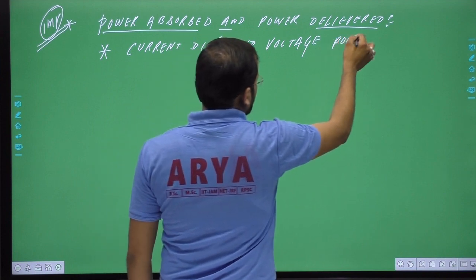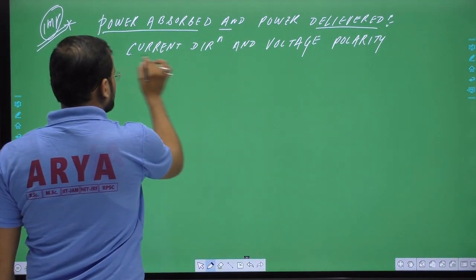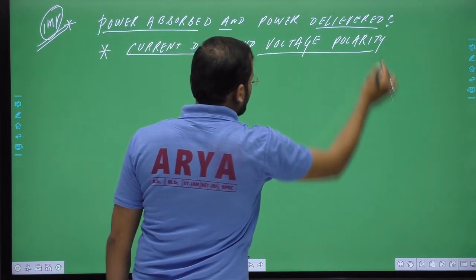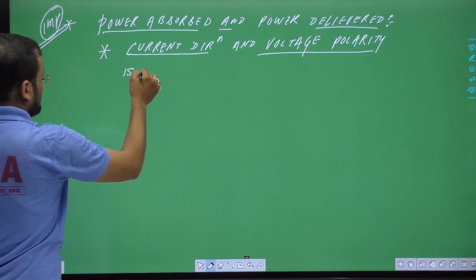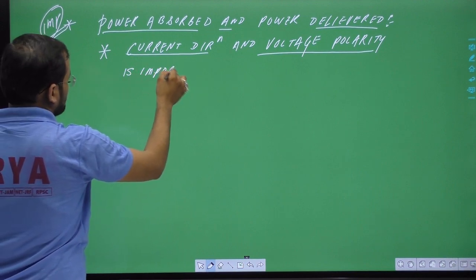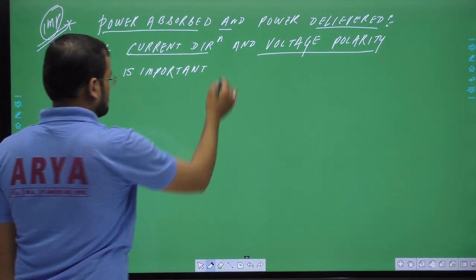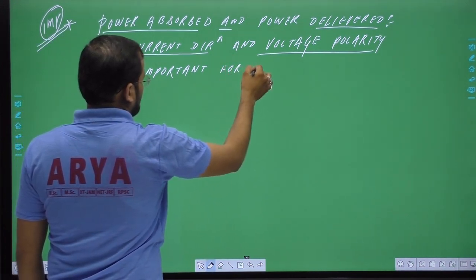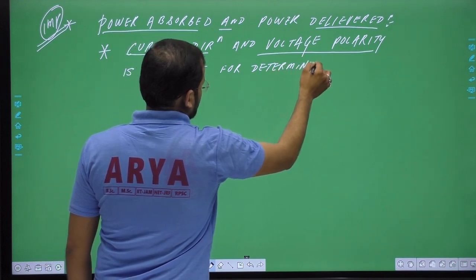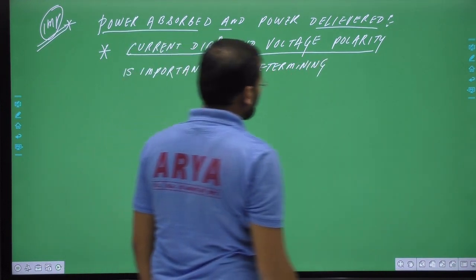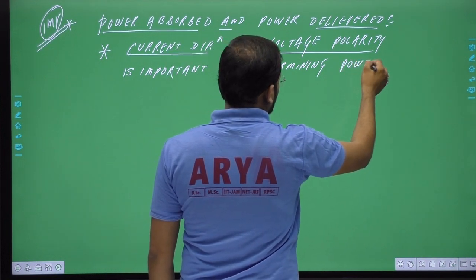Current direction and voltage polarity is important for determining power.